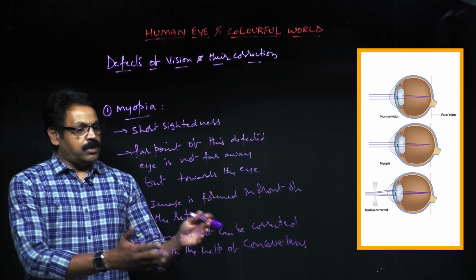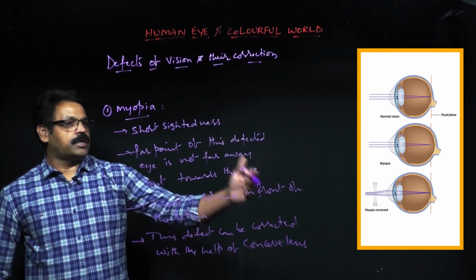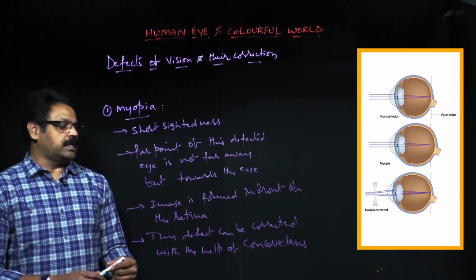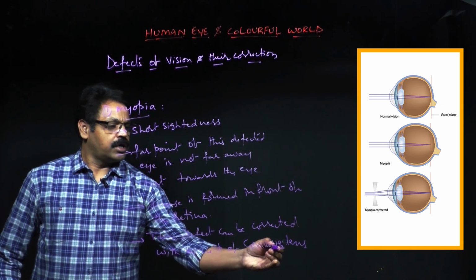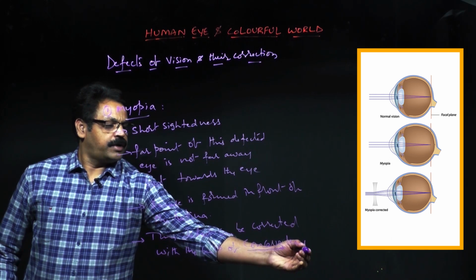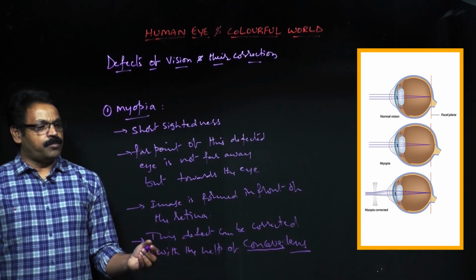That means in order to overcome this myopic defect, we have to use a lens called a concave lens. A concave lens is used to rectify the defect called myopia.